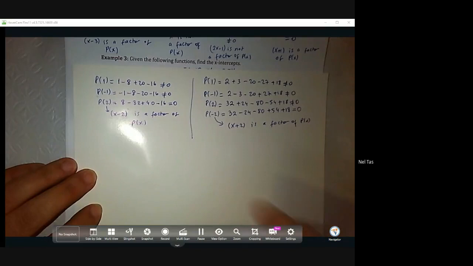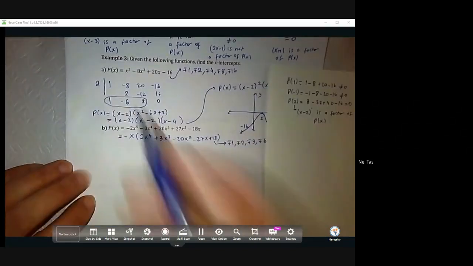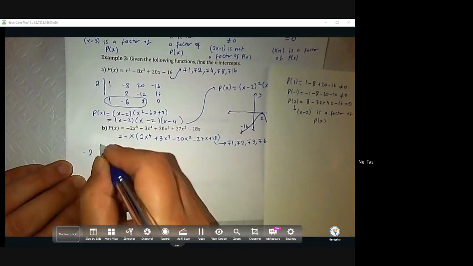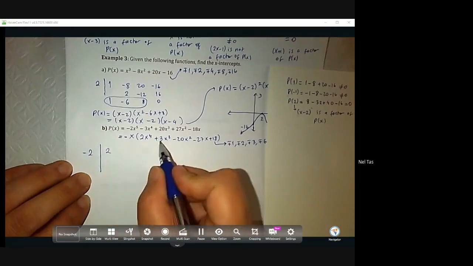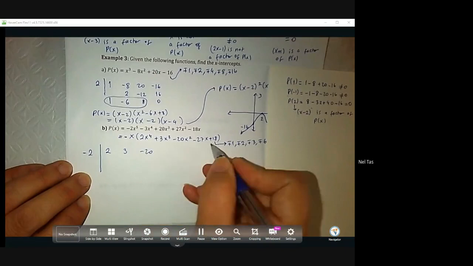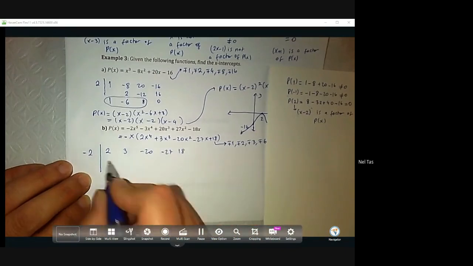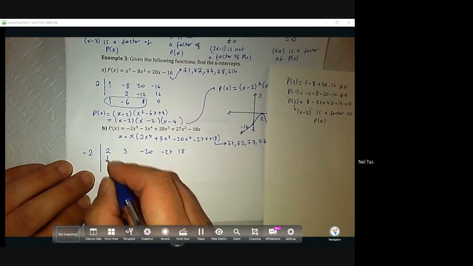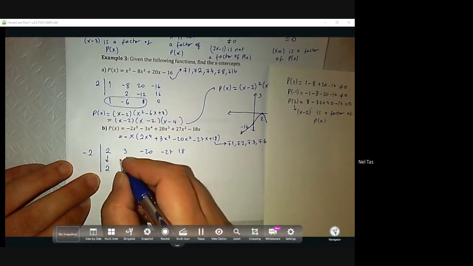We said x plus 2. If you make it equal to 0, you get negative 2. So we are going to put negative 2 on the left. Then take the coefficients: 2, 3, negative 20, negative 27, 18. Pull the first number down: 2. 2 times negative 2 is negative 4.